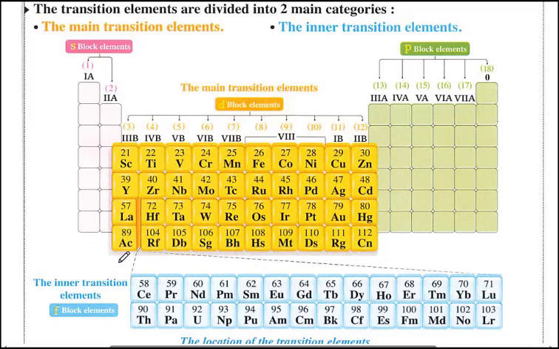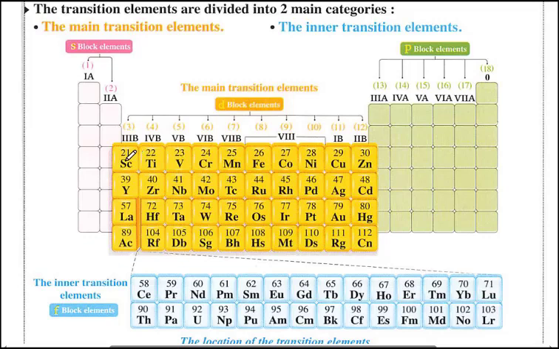Okay, so there are 4 main transition series, where the D block is successively filled with electrons. The first transition series, as we said in the last session, starts with scandium and ends with zinc 30. It appears in period number 4, where the 3d sublevel is successively filled with electrons.